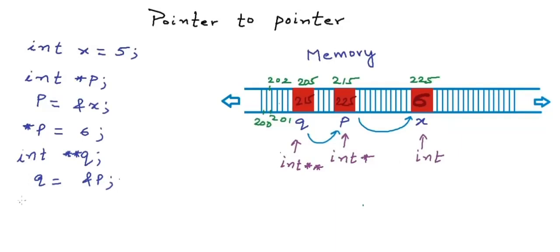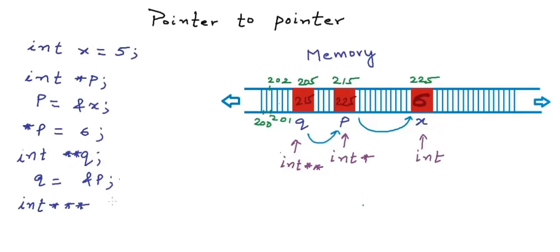And we can go on like this. Let's say we want to declare a pointer to pointer to pointer. So int asterisk asterisk is pointer to pointer, and we will put 1 more asterisk. We can put these 3 asterisks immediately after the keyword int, or we can put them immediately before the variable name, like we have done in the case of Q here.